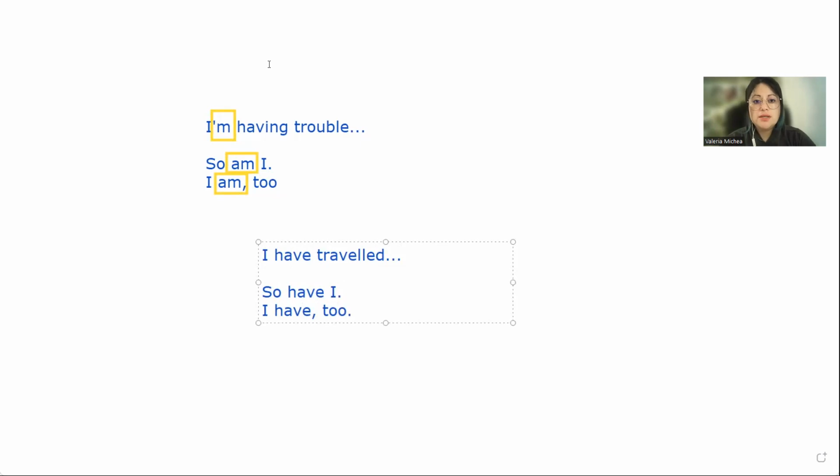So this is very important. Pay attention to this. If you have the verb "have" in the main sentence, you need the verb "have" in your answer, right? That's how it works. So you need to replicate the same verb in your answer. Careful with that. It's an important one.